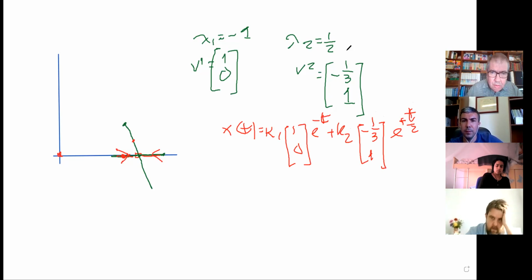If I'm aligned with this eigenvector, I will stay aligned with it because this constant will be 0. And the exponential is positive, so I go away. This negative part has no meaning, so I will have something like this.